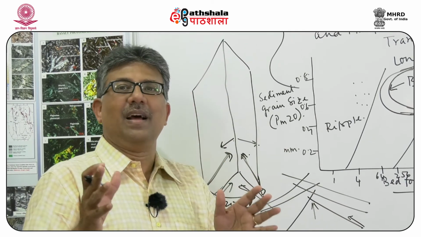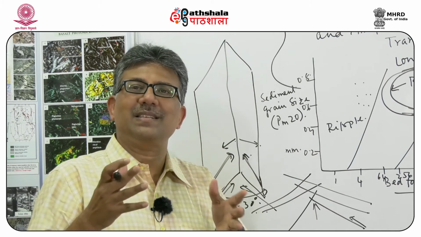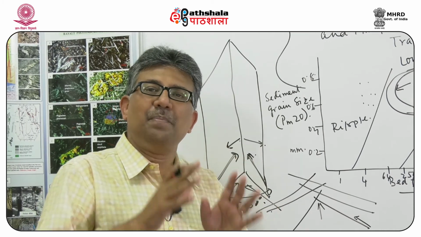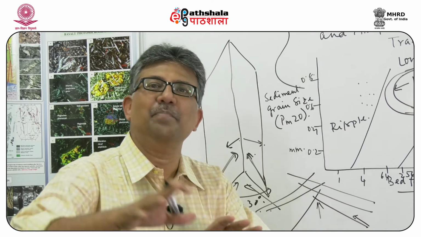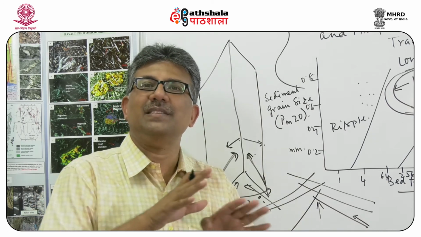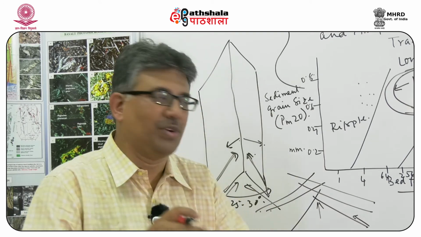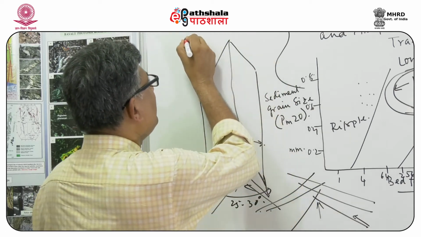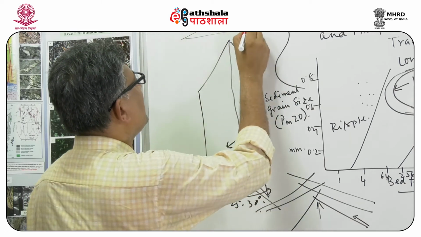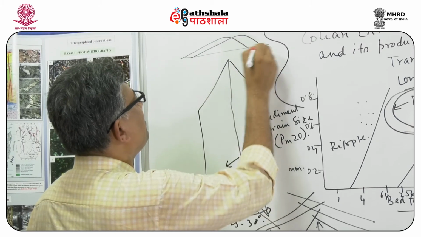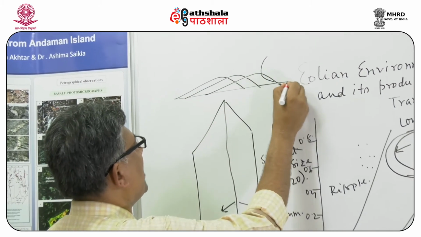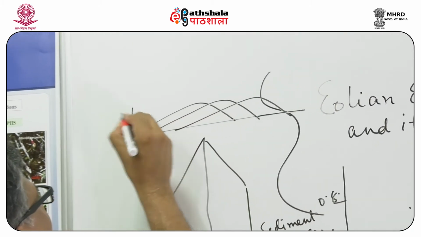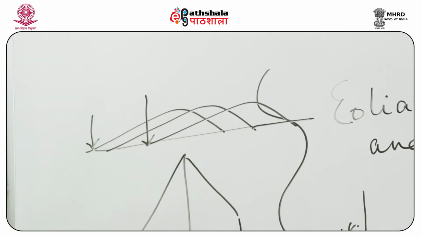We must be clear that the bed form migration can be both ways. If it is a lateral migration, that is the active migration of a bed form, when there is stoss erosion and lee deposition, suppose there is a bed form, I just draw that this is a bed form. So, you have stoss erosion and lee deposition. Then the bed form which was originally at this position has now migrated to this position.